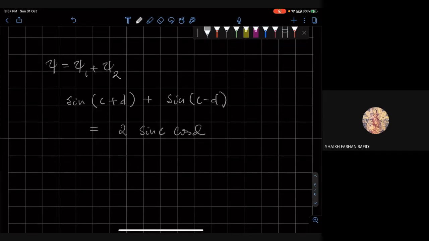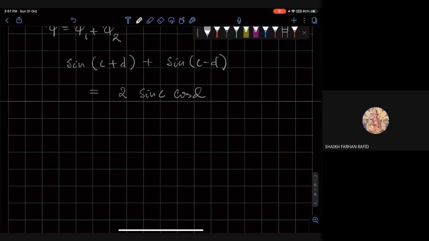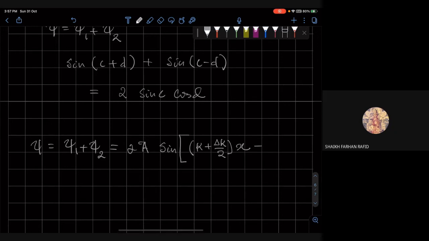Then by doing this, we find that psi, which is given by psi1 plus psi2, is 2a sine of k plus delta k by 2 x minus omega plus delta omega by 2 t, times cosine of delta k by 2 x minus delta omega by 2 t.